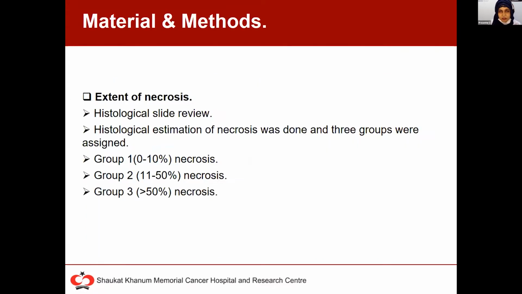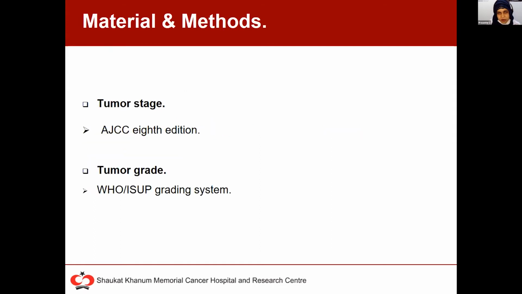The extent of tumor necrosis was established through histological evaluation of the H&E stains, and we assigned 3 groups: group 1 with 0 to 10% tumor necrosis, group 2 with 11 to 50% tumor necrosis, and group 3 for cases with greater than 50% tumor necrosis. Tumor staging was done according to AJCC 8th edition guidelines, and tumor grade was assigned according to WHO/ISUP grading system.